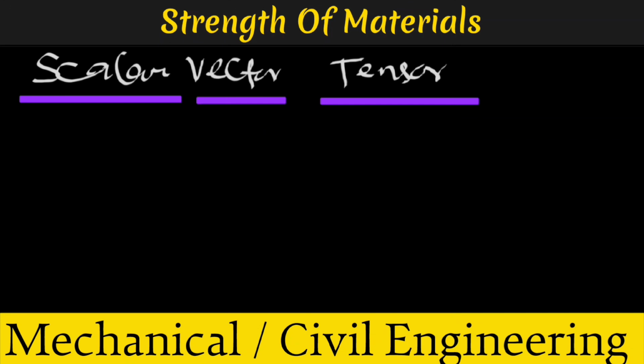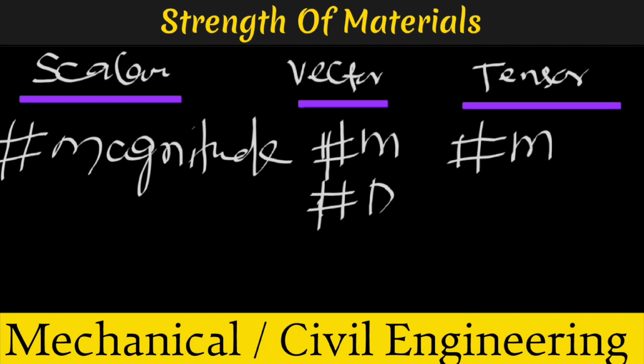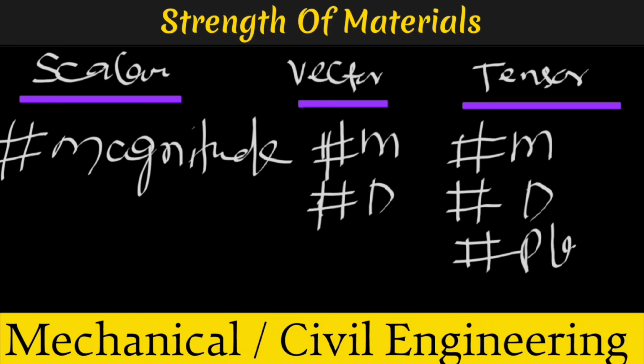So here we know that in a scalar quantity only magnitude is there. In a vector quantity there are magnitude and direction, but a tensor quantity has the magnitude and the direction and also the plane.